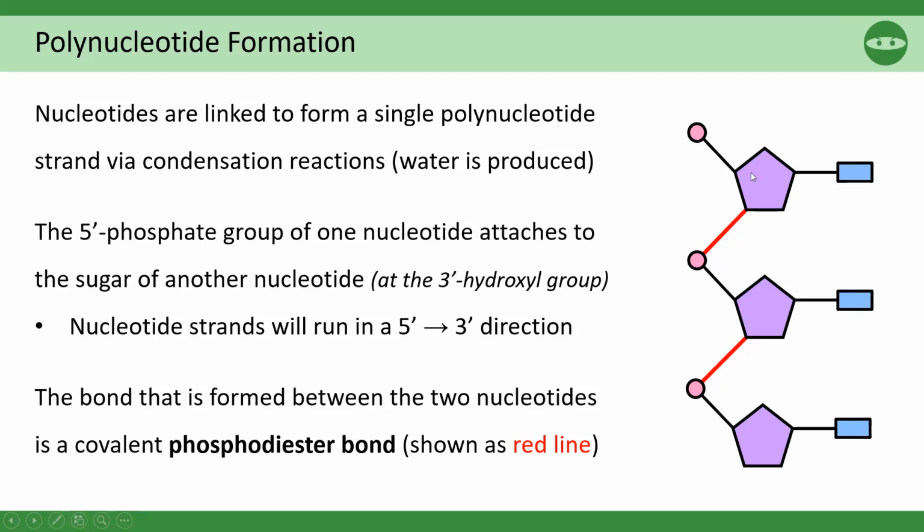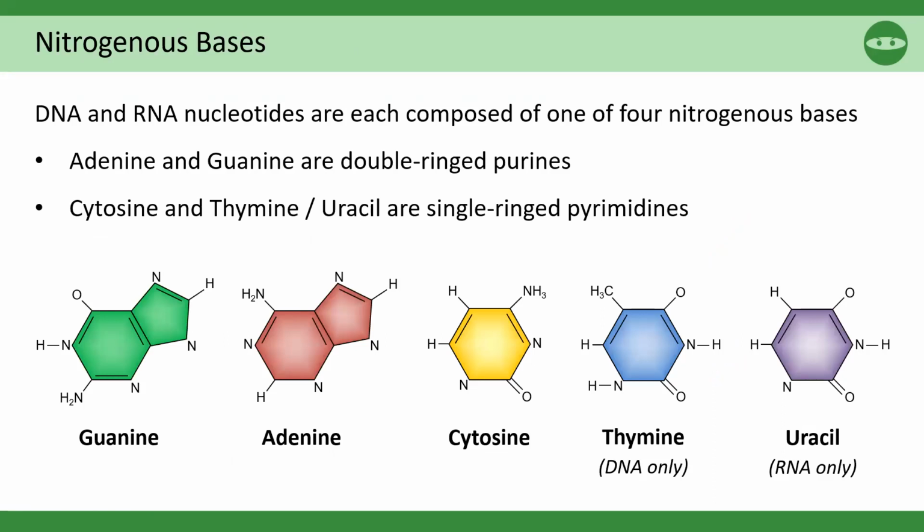The 5' phosphate group of one nucleotide is attached to the sugar of another nucleotide on the 3' hydroxyl group, and the nucleotide strands will run in the 5' to 3' direction. The bond that is formed between the two nucleotides is called the covalent phosphodiester bond.